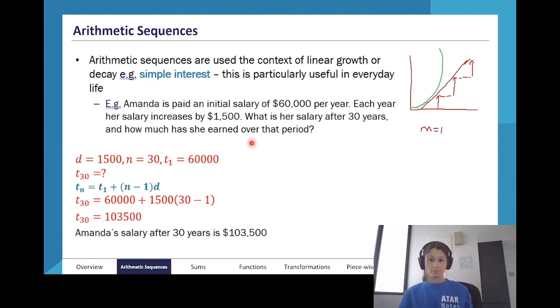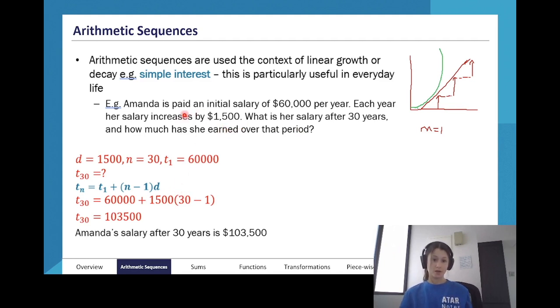So, what we need to do here is we need to apply our arithmetic sequence general expression, and we need to convert all these numbers that we were given to values in our equation.